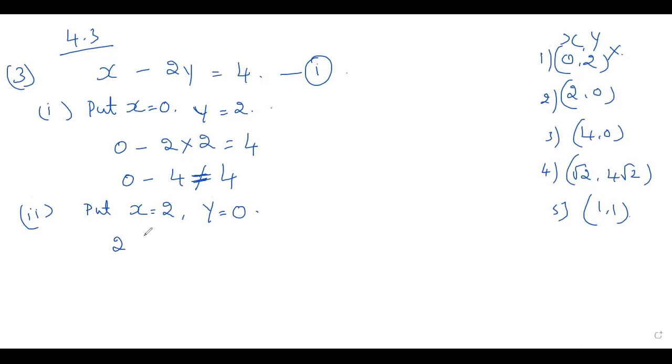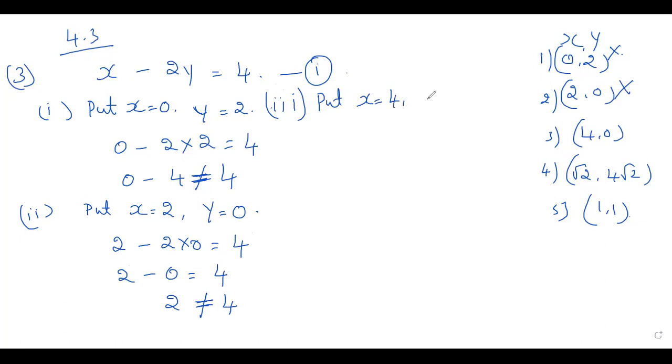X is 2 minus 2 into 0 is equal to 4. 2 minus 2 into 0 is 0 is equal to 4. So 2 is equal to 4. So both are unequal. So second one is also not the solution for the given equation. We'll check the third one.